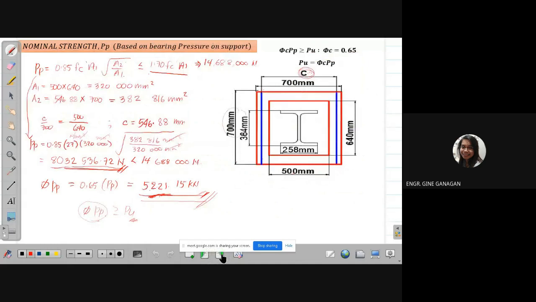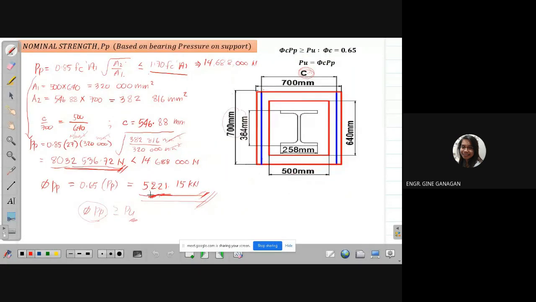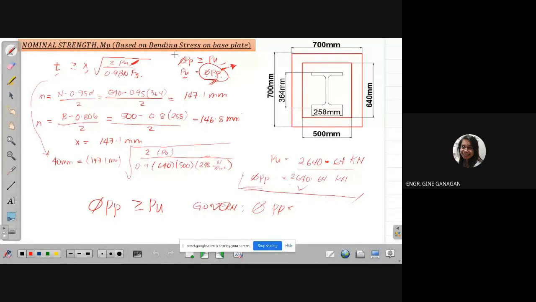Mas maliit. Okay. So yung nag-govern dito, yung based on bending stress, 2640. Kasi pag kinuha kasi natin yung mas malaki, which is 5221.15, which is based on bearing pressure, hindi nga siya mag-fail based sa bearing pressure natin, mag-fail naman siya sa ating bending stress.